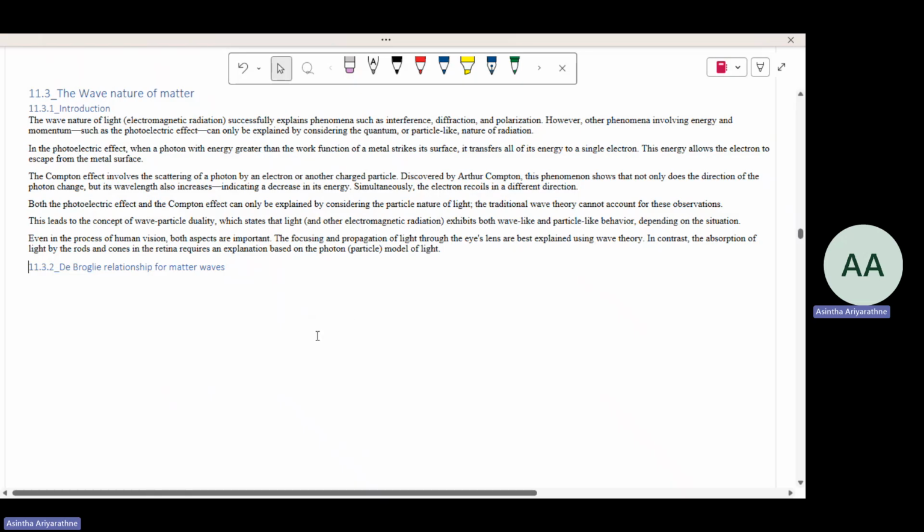So to describe these, Einstein and some other scientists came up with the concept of the photon, a quantum, and using that, all these quantum effects could be described.